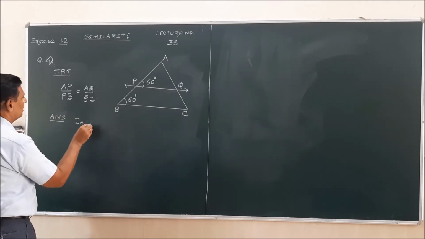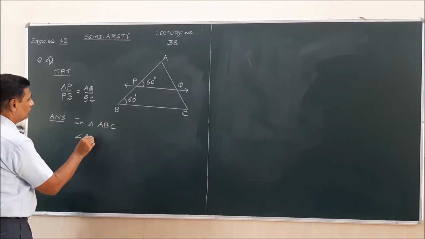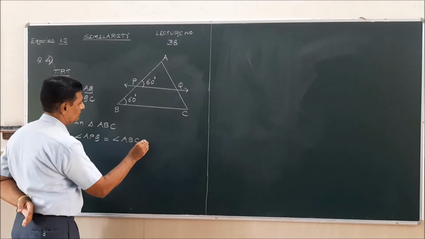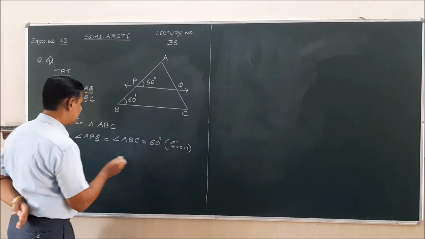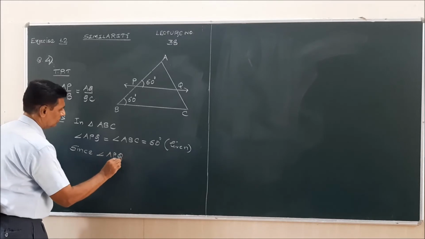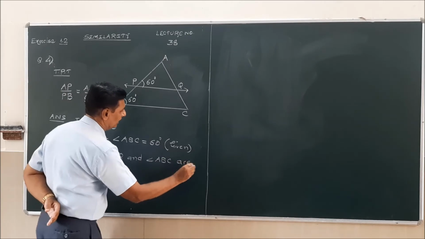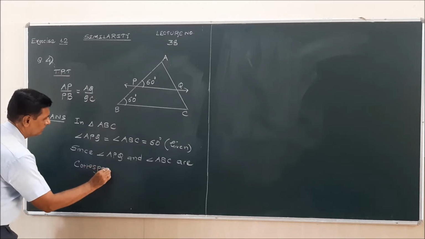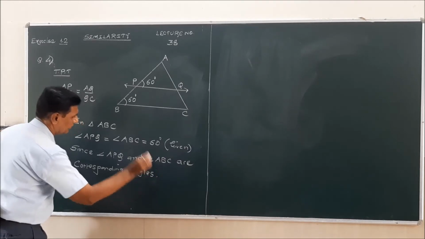In triangle ABC, angle APQ is equal to angle ABC, that is equal to 60, given. Since angle APQ and angle ABC are corresponding angles, correct?